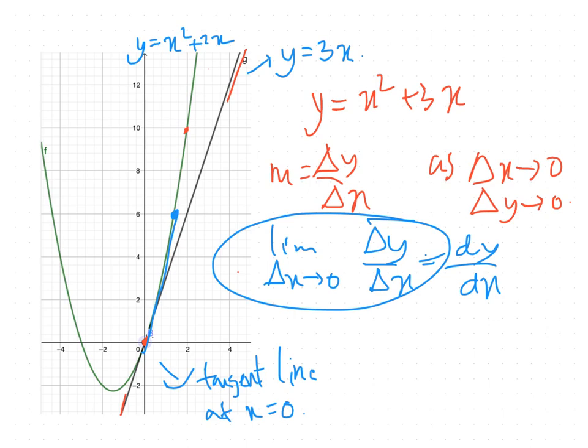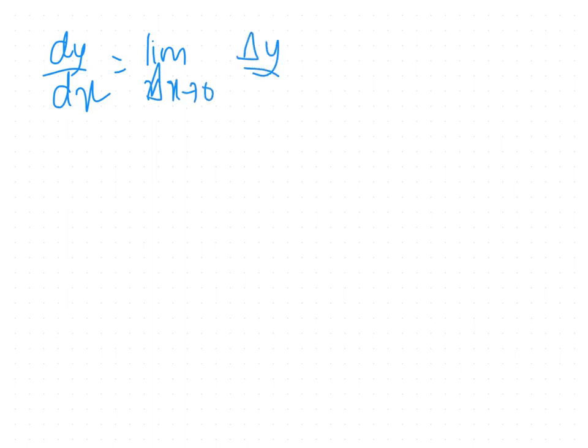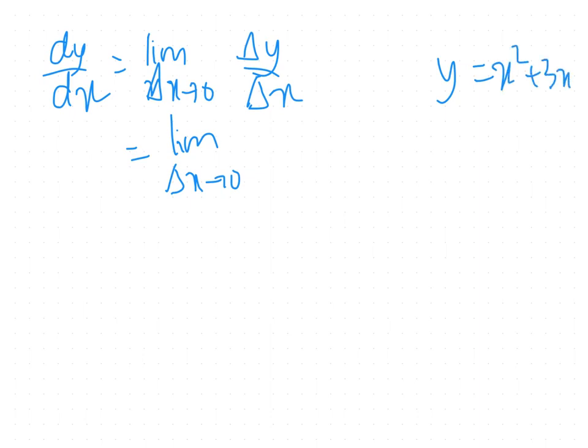Because dy dx itself is about the limit as delta x goes to 0 of delta y over delta x. What this means is, for example, delta y means the vertical change, right? Let me change the language for you. The function before is x squared plus 3x. Rather than using delta, because it might be confusing, let's just use h.